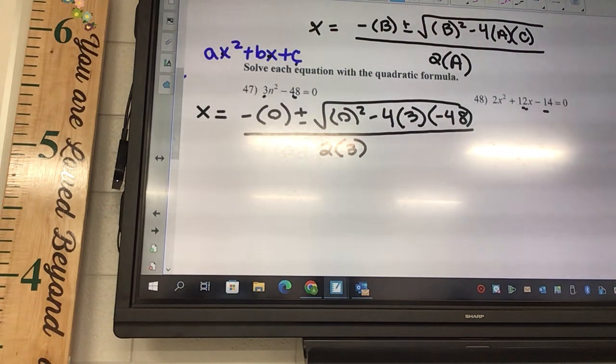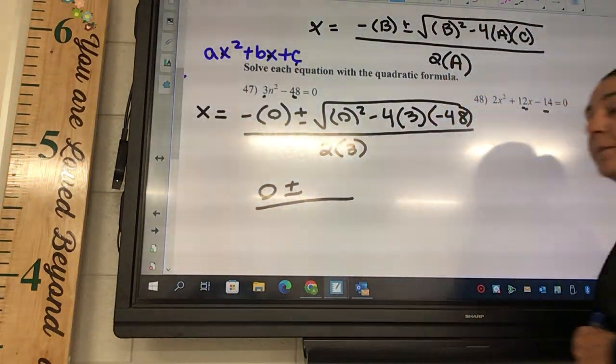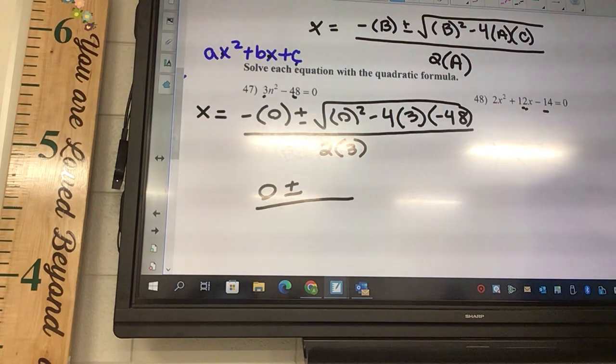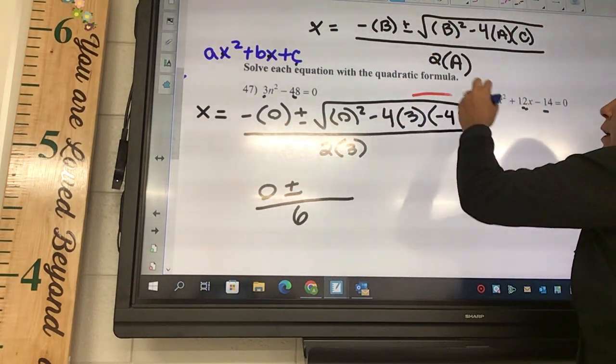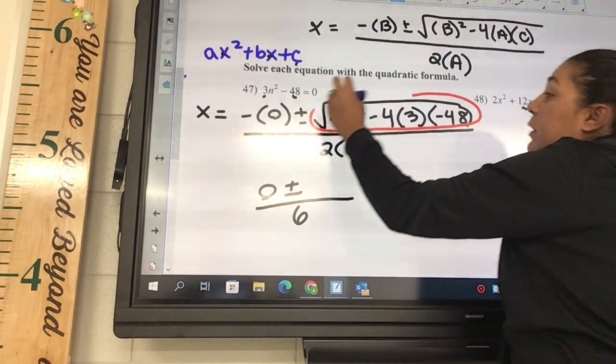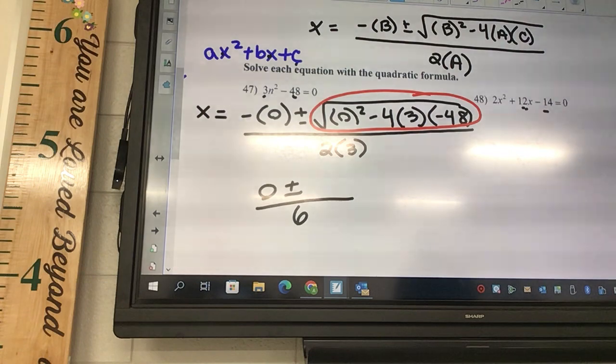What is negative 0 going to become? It's just 0. Okay, plus or minus, what are we going to get for the bottom? 6. Okay, and then this part is all going to get typed on your calculator. Okay, you're going to hit your square root button first to make sure it's all underneath the square root, as well as don't forget the squared that's in there.